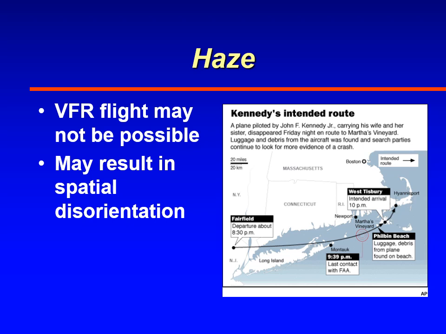This is what happened to JFK Jr. when he left New Jersey flying to Martha's Vineyard in the summer of 1999 across Long Island Sound. Visibility was reduced to MVFR visibilities of 3 to 5 miles, but trying to fly VFR was very difficult, especially as the sun started to set. So remember that haze can cause problems with VFR flight.